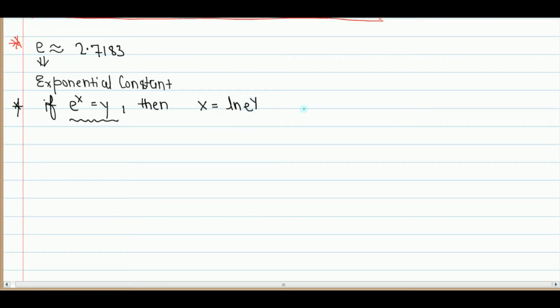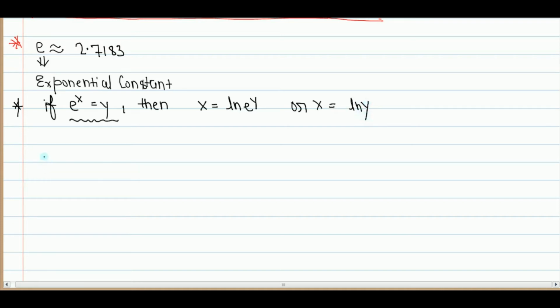So just remember, if the logarithmic function is in ln, then the base will be e.